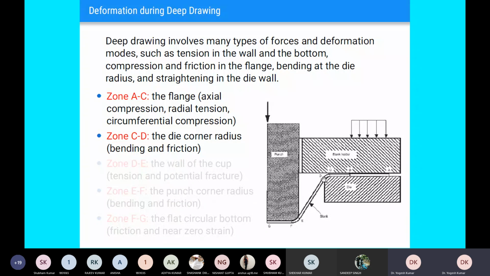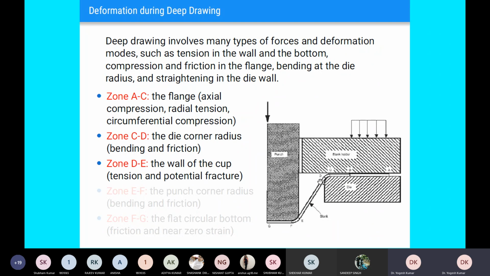The bending is taking place, and there is also friction between the surfaces of your die and C. So there are two things: frictional force as well as bending in the zone C and D. In bending, as we already studied, there are compressive stresses as well as tensile stresses. On the bottom side, that is the die side, there will be compressive stresses, and on the upper side, that is the blank holder side, there will be tensile stresses.